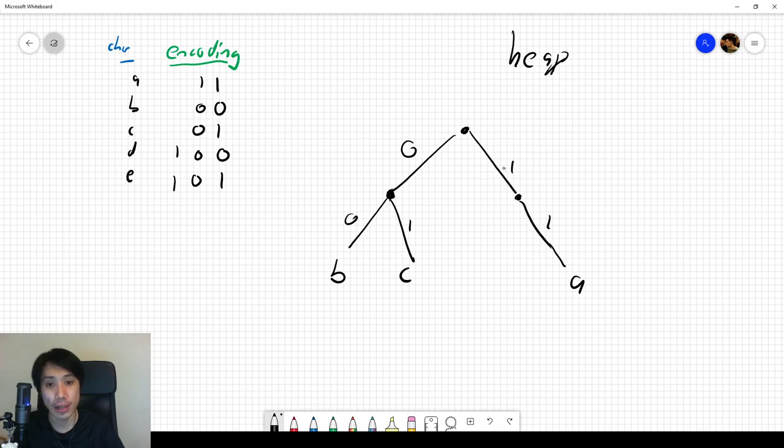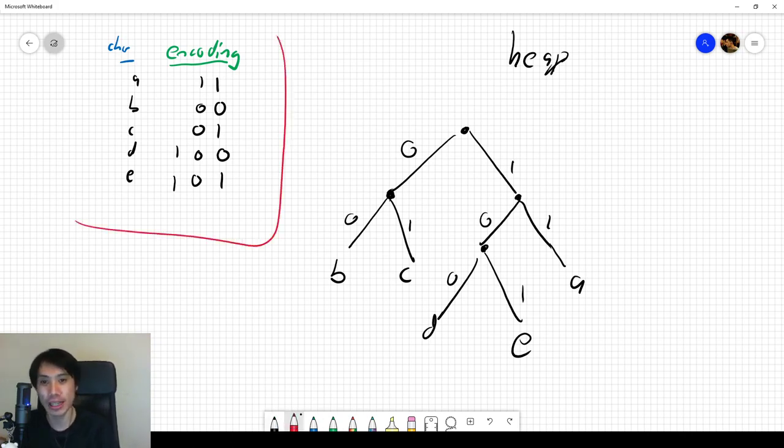D will be 1, 0, 0 and E will be 1, 0, 1. You realize it is a prefix free tree, and I obtain the encoding without even building a tree. I never even build a tree.